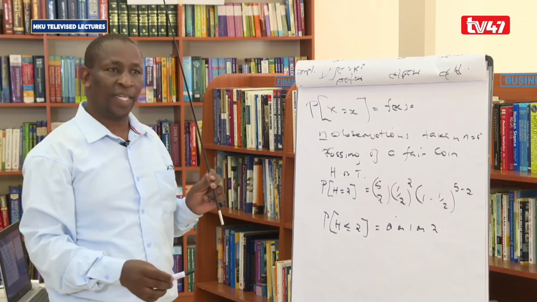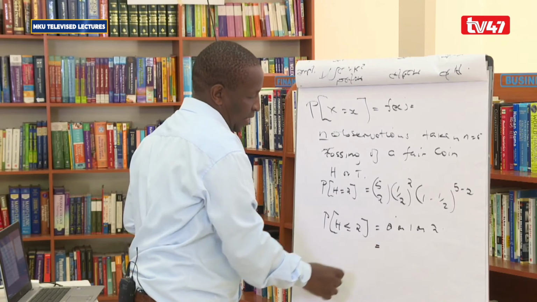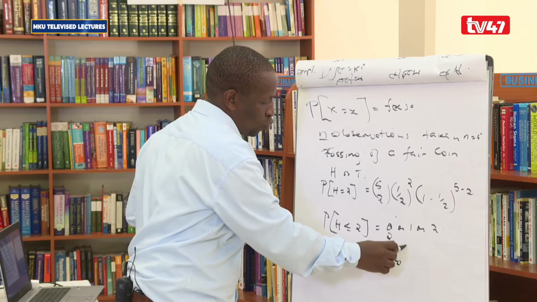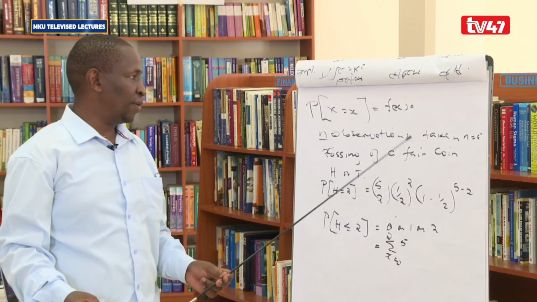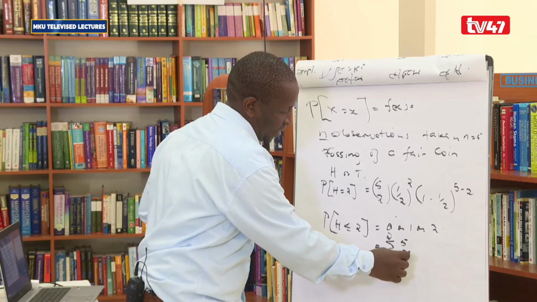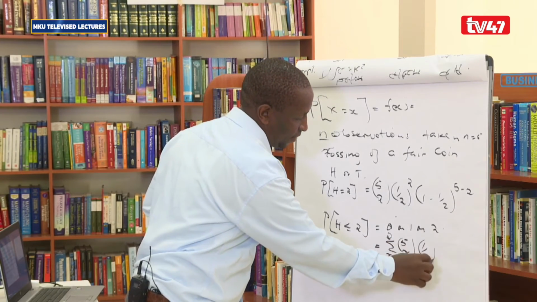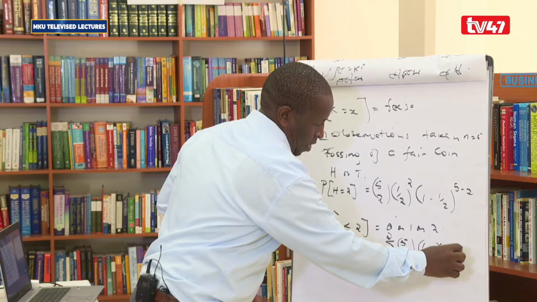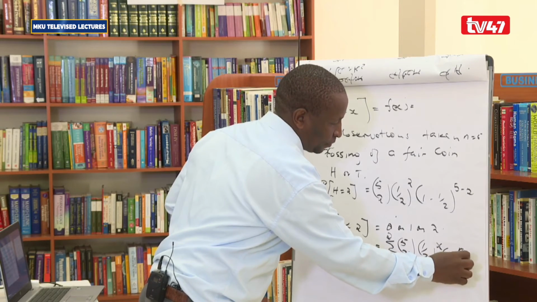In that case, we need to add all the probabilities. And this addition is simply the sum for x from 0 to 2 of 5 choose x, where 5 is our number of tosses of the coin, and the successes we expect from every toss for 5 times, then a half to the x, a half to the n, or 5 minus x.